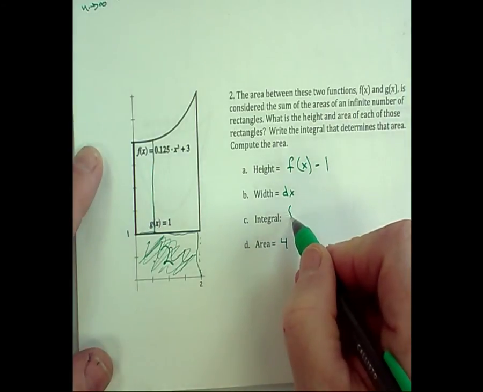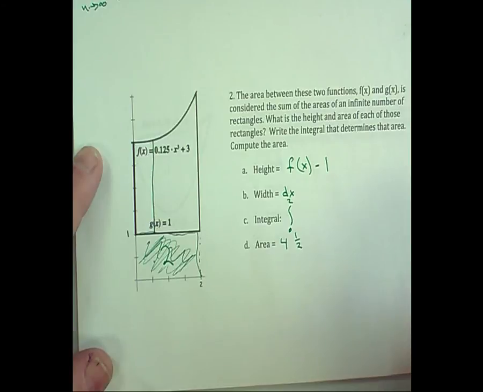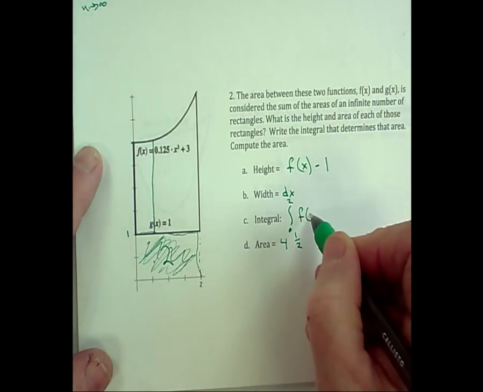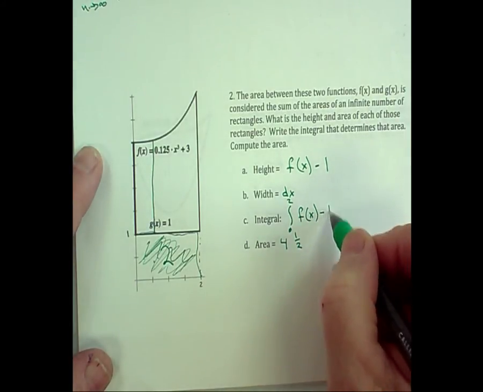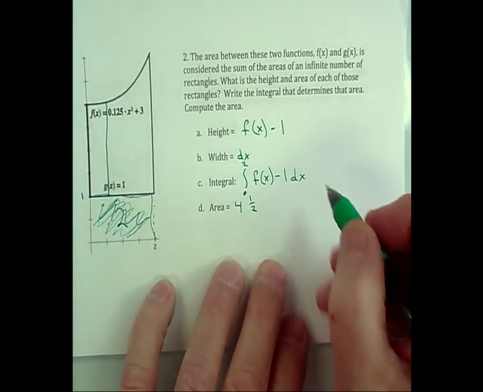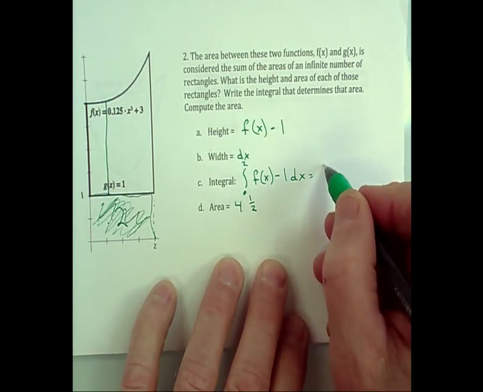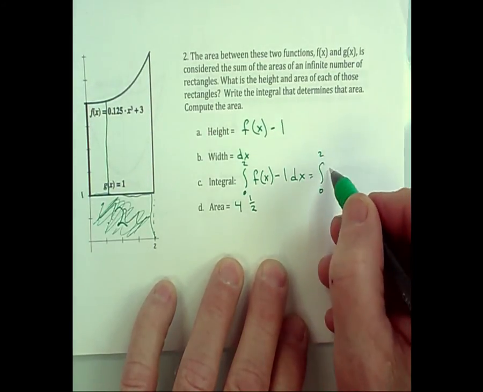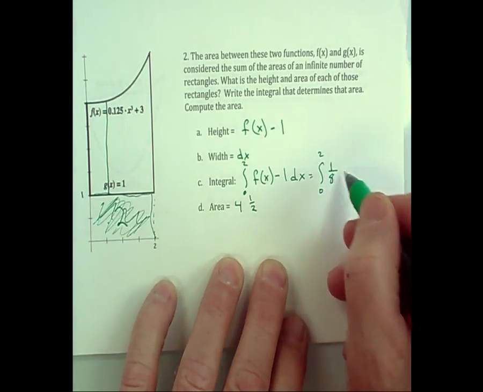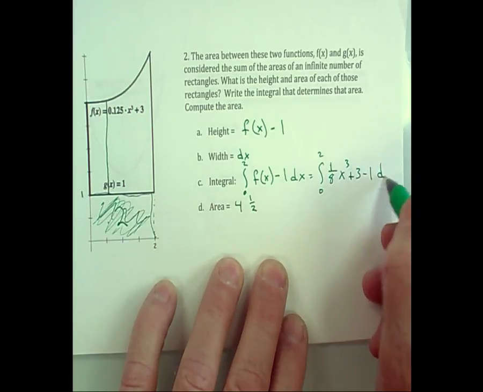So my rectangles are still going from 0 to 2, correct? Here's f of x minus 1 dx. So the antiderivative, well, this is going to be equal from 0 to 2 of 1/8 x cubed plus 3 minus 1 dx.